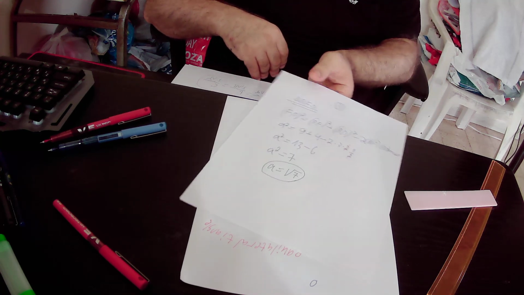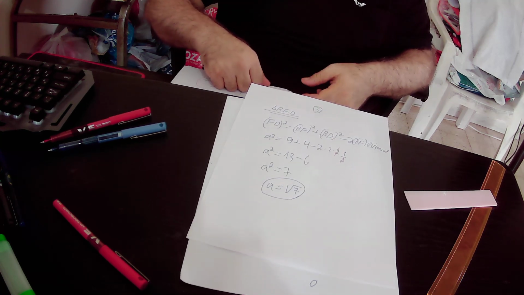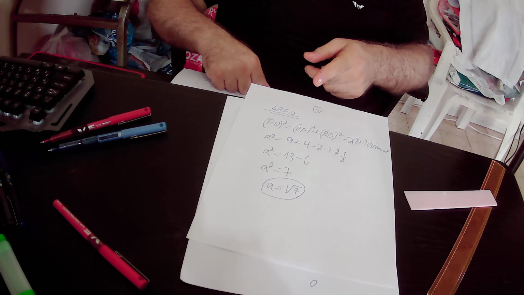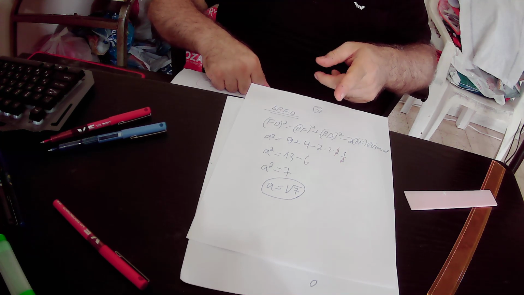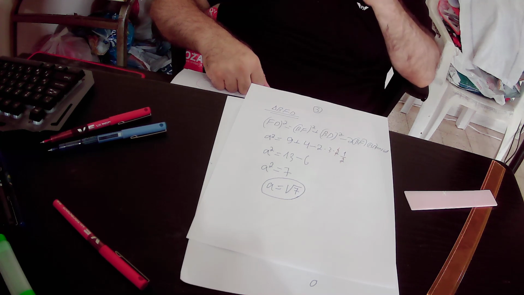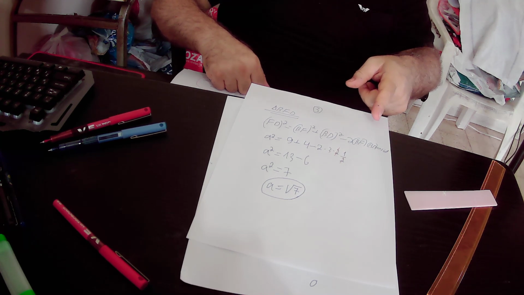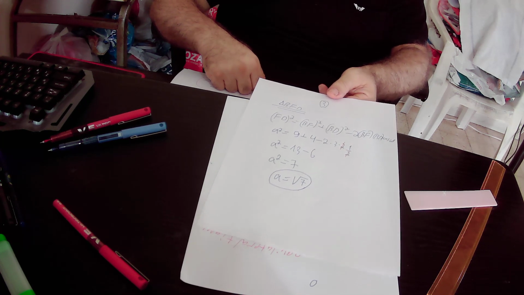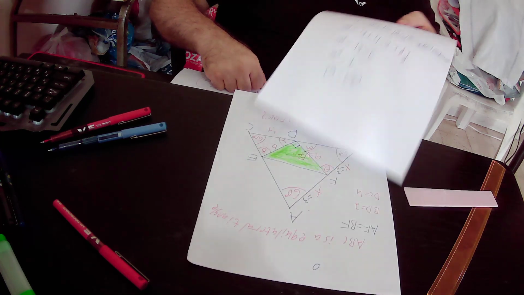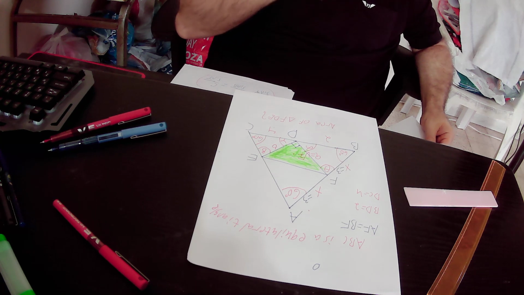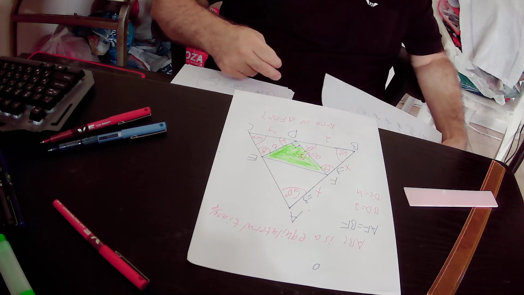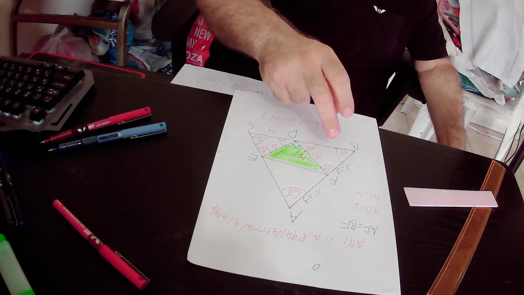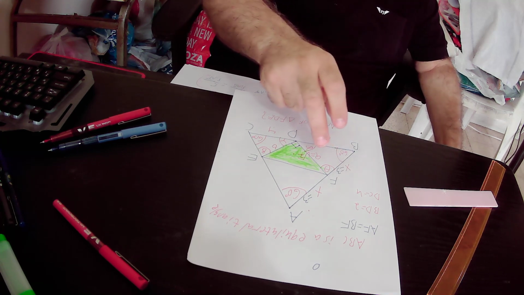FD squared equals BF squared plus BD squared minus 2 times FB times BD times cosine 60 degrees. We actually know the values of all the line segments here.